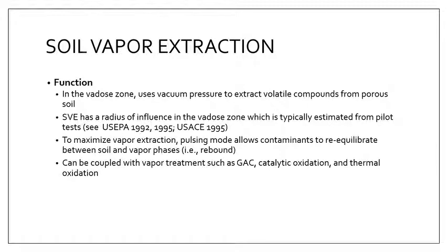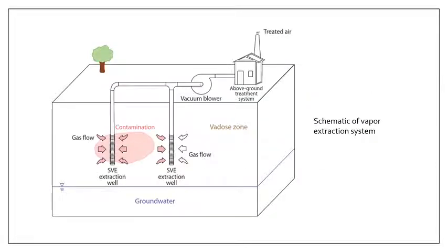And this method can be coupled with other vapor treatment methods such as granular activated carbon, catalytic oxidation, and thermal oxidation. This is a schematic of a vapor extraction system.